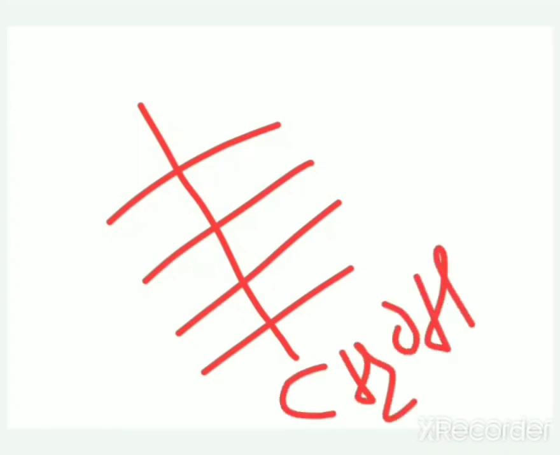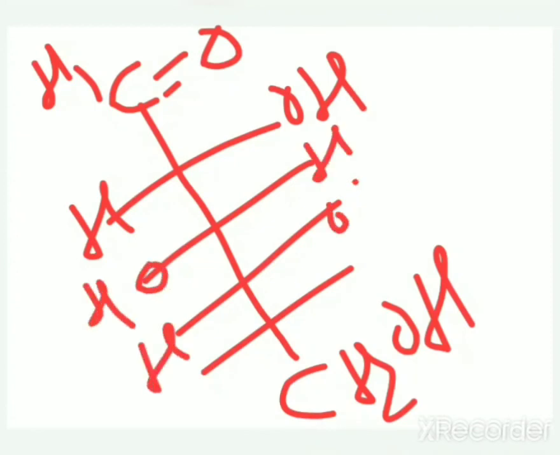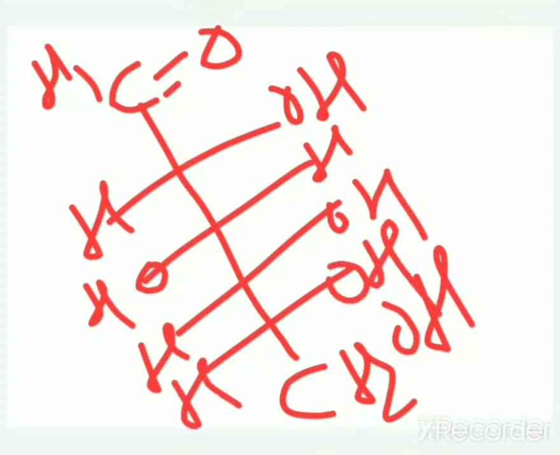Next, what is the structure of arabinose? Already we know, CH2OH, and once again remember the CHO group.